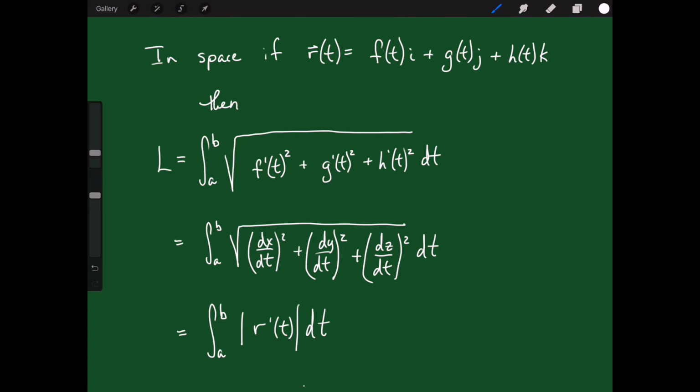So if you integrate the speed over an interval from a to b, where a and b are measured in terms of the parameter t, not in x necessarily, then you integrate the speed over that parameter and you get the length. That's kind of interesting to think about. So let's do an example here so we can see how this works.